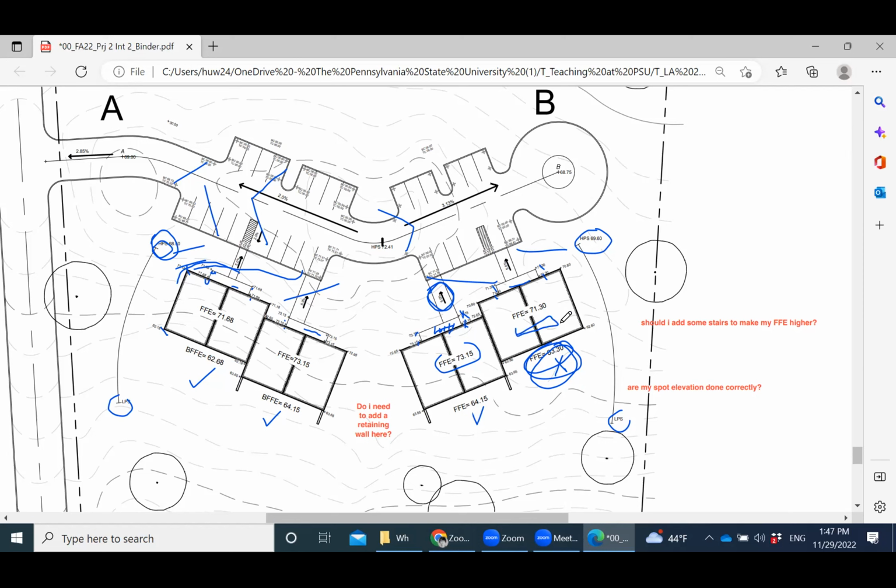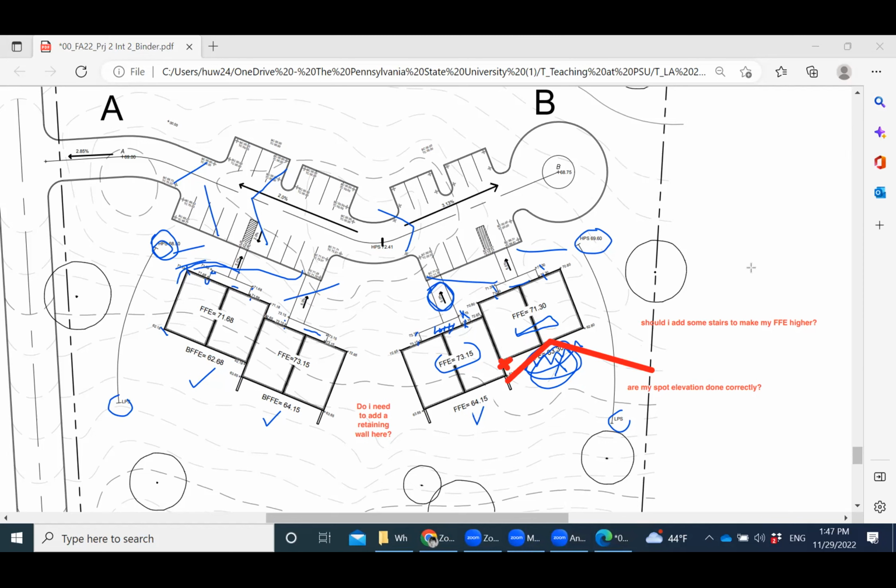You wouldn't think this area would be 63.30. That's not necessarily the case. If you don't have a walkout basement, your 66 here could attach like this, and this area would actually be 66. The corner will be above 66, which will be higher than your bottom FFE, which is fine.